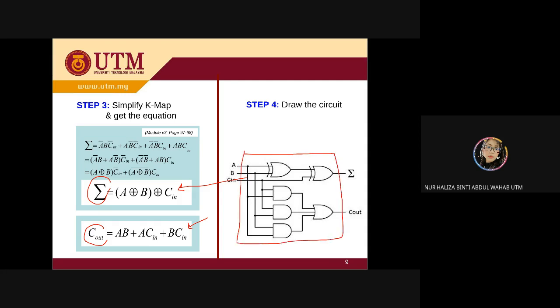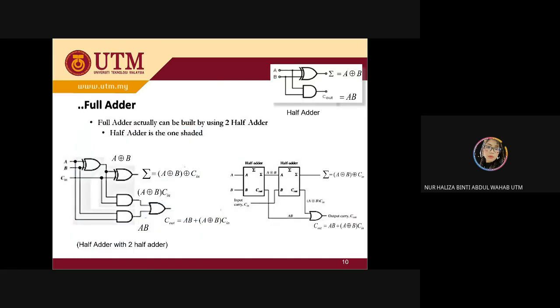So basically, there are several parts from the half adder. When you combine, you're going to get a full adder. And you can see here, this is how the half adder looks like. You can see this is your half adder, and there is another half adder there. You can see the combination of two half adders.